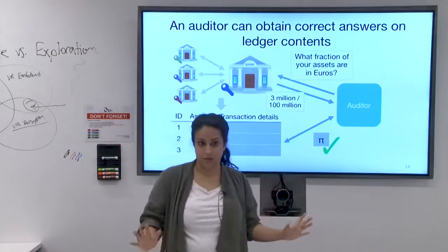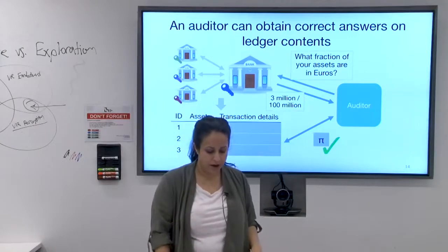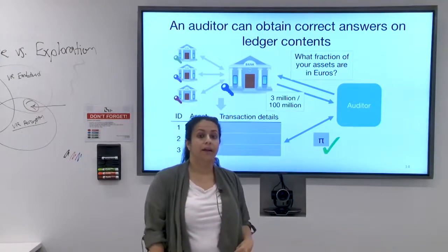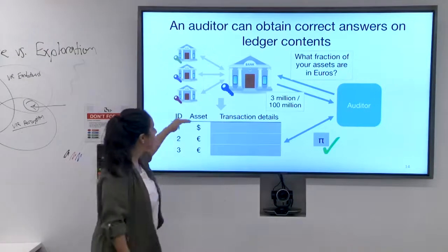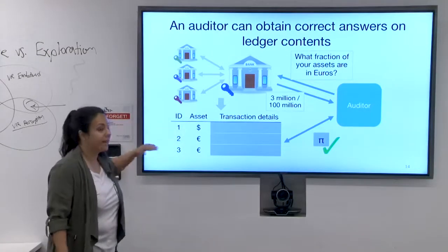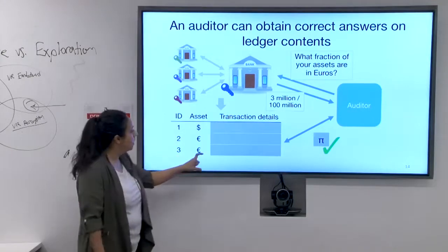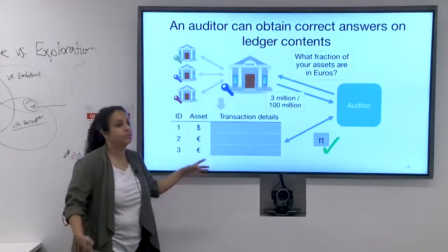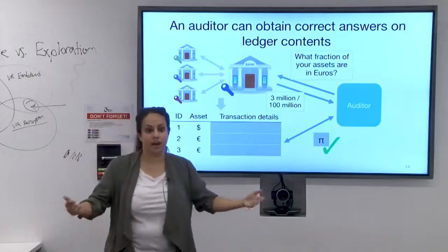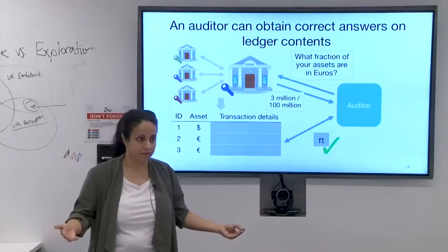So auditing is interactive, like I said. It's possible a bank might choose not to respond. That could happen. Also, I want to point out that if the auditor is constantly auditing this ledger, constantly asking how many euros do you have, how many euros do you have, then if that number changes, it's reasonable to assume that that change happened in the last transaction appended to the ledger, right?